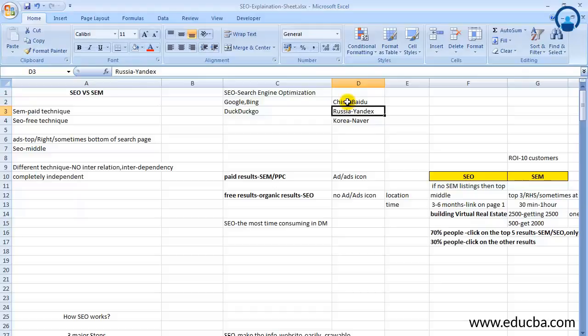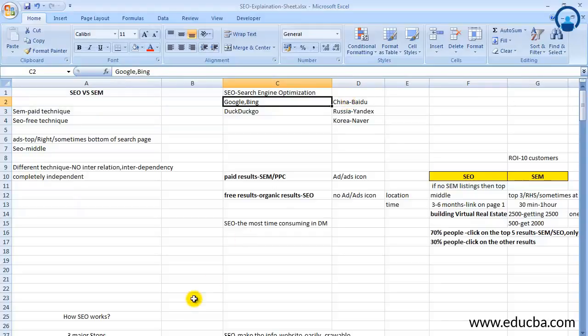Similarly, in Russia, there is a search engine named Yandex, where people do a lot of searches in Russian language. And there is also Naver, which is famous in Korea. So across regions, there are other search engines used apart from the global leader like Google. That's a small briefer which I wanted to share with you for information purposes.